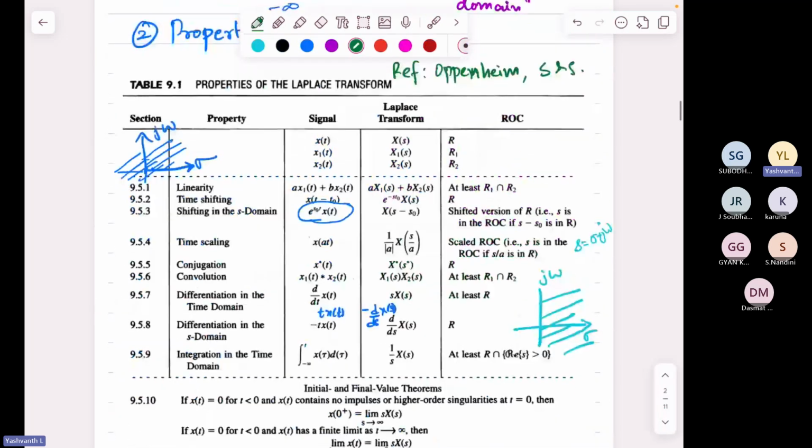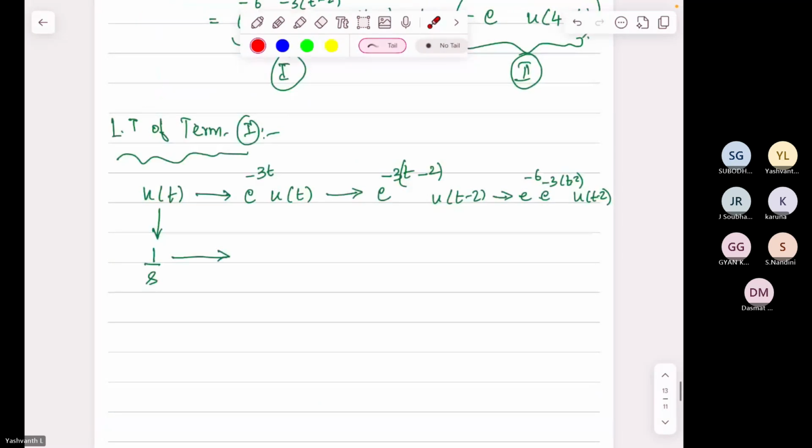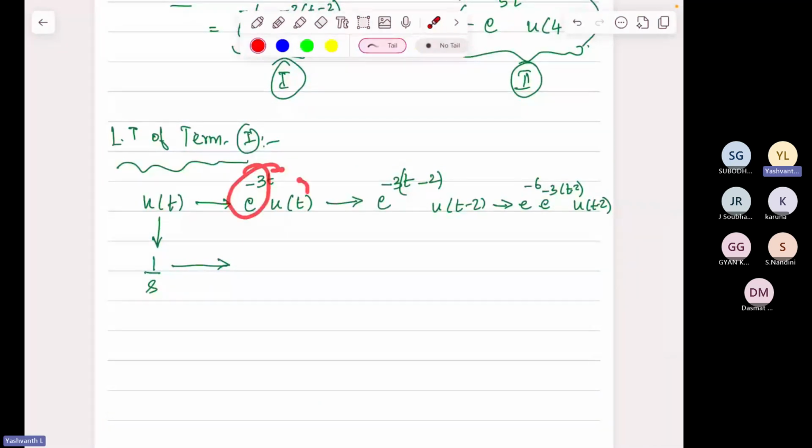If x of t has a Laplace transform X of s, then e power s naught t into x of t will have the Laplace transform X of s minus s naught. That's what we will do here. So e power minus 3t into u of t will have the Laplace transform 1 by s plus 3.